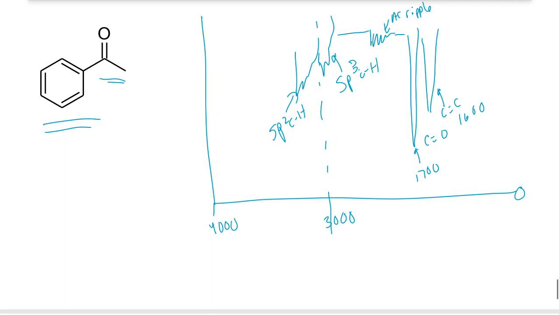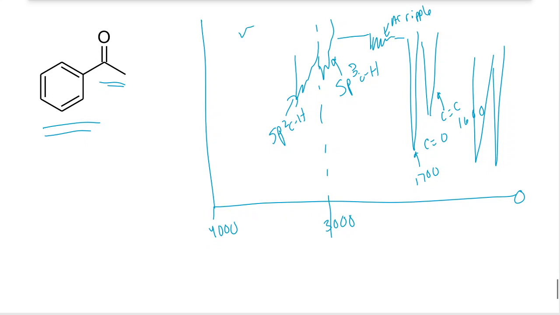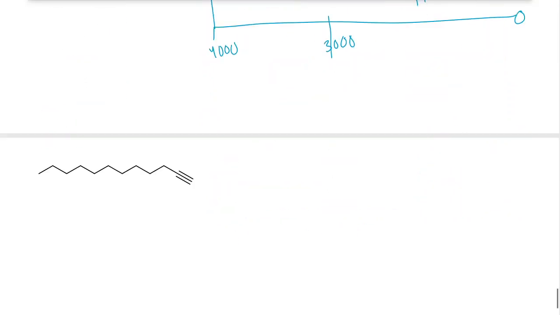So we're going to have peaks at around 750 and 690 for the out-of-plane bending peaks because we have a mono-substituted benzene ring, and maybe a little overtone at around 3400. So that's most of the important features in our spectrum.